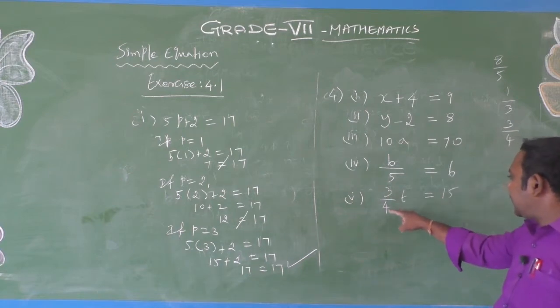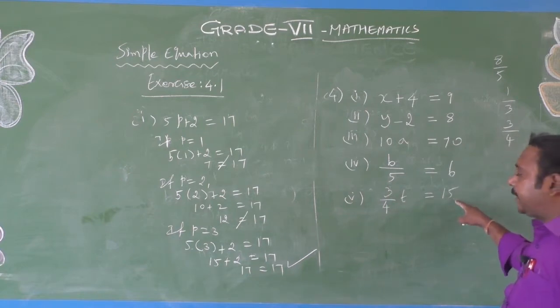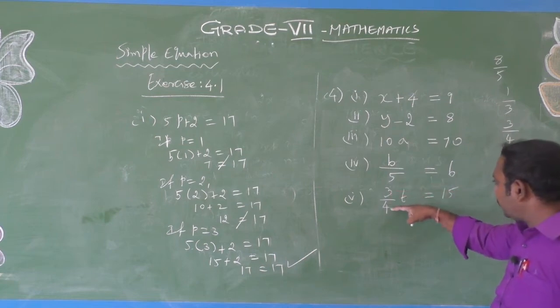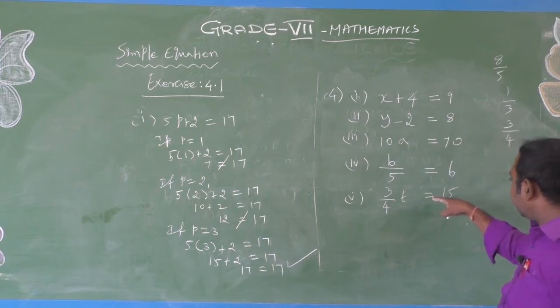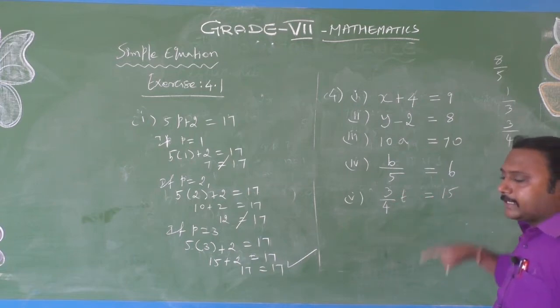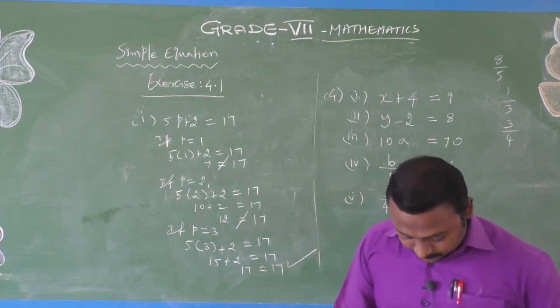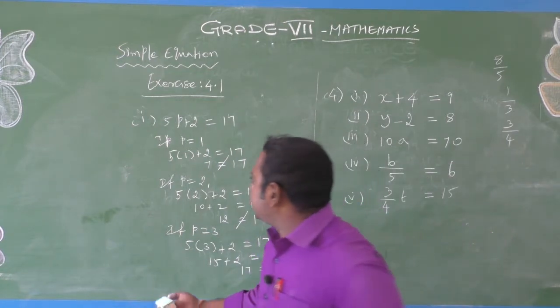Of means multiplication here. So 3/4 of t is equal to 15 is the answer.